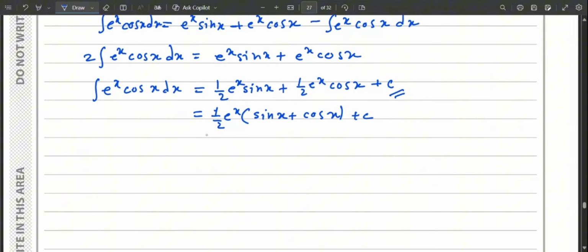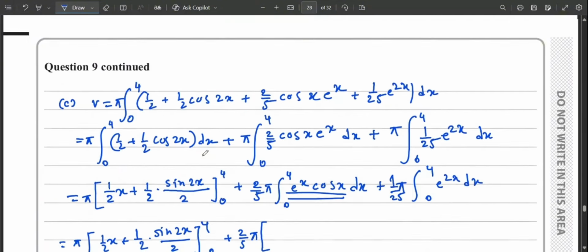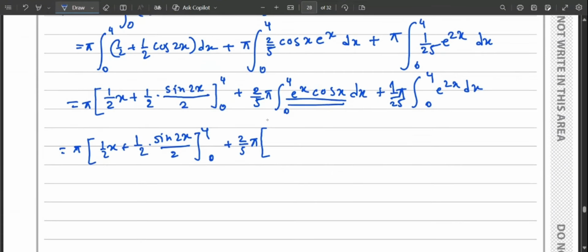The answer to the expression was half e to the power of x, sin x plus cos x. So I can write it down here: half e to the power of x, sin x plus cos x, with the limits 4 and 0.